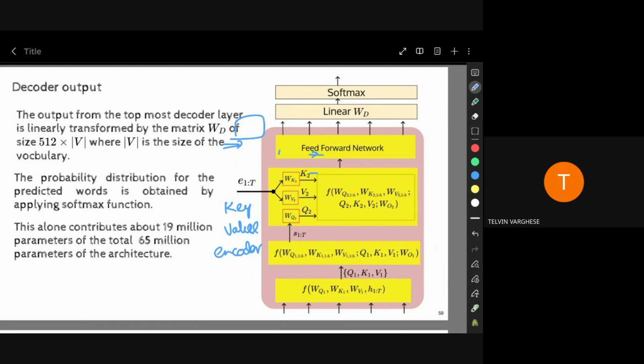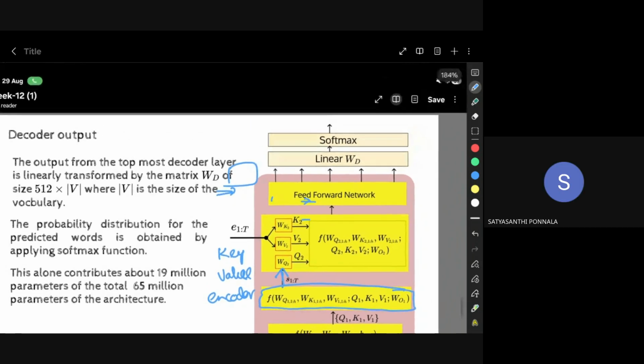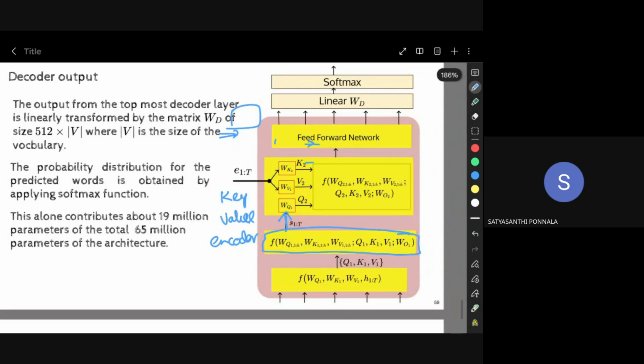So I've done the masked multi-head attention computation here, and that I'm going to send to this. Sir, I haven't maybe explained this part, but that means the matrix K equals WK into X, coming from the encoder, right?